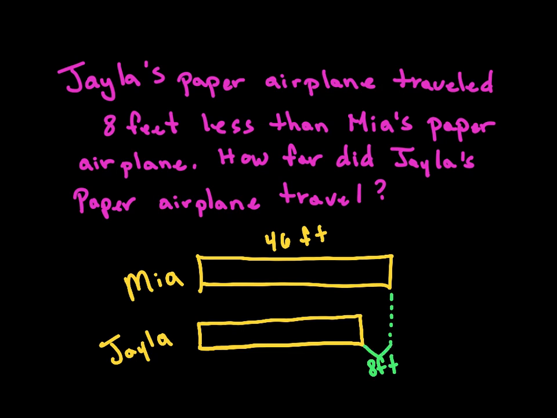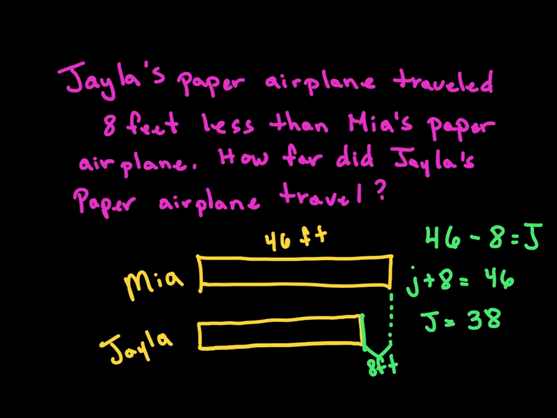She didn't make it that long. She stopped right there. So if it's 8 feet less, then we're going to do 46 minus 8 to give us what Jayla had. And J plus 8, Jayla plus the 8, is going to give us 46. These are the equations that we need to know. And 46 minus 8, J, is equal to 38.